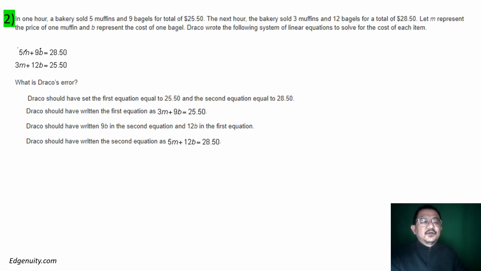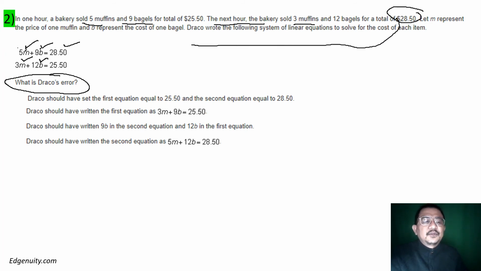Okay, so what is the error? Ooh, there's an error. Let's figure it out then. All right, 5 muffins, 9 bagels, 5M plus 9B equals 25.50. Correct. The next hour, 3 muffins, 3M plus 12B equals 28.50. And what do you see?